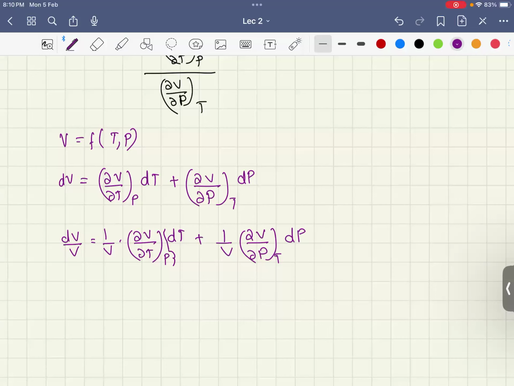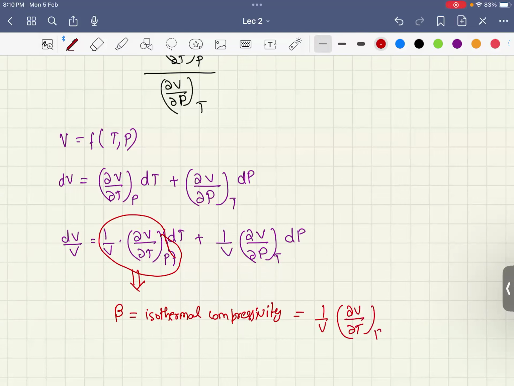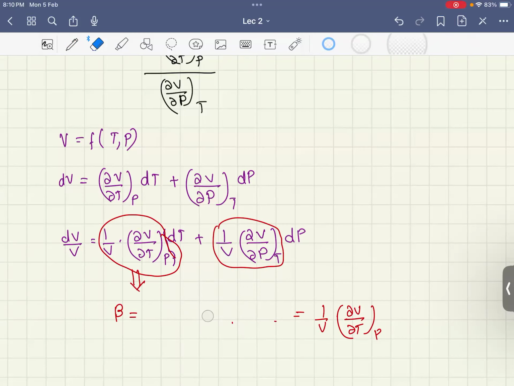Now, sorry, the first term is not the isothermal compressivity. This, 1/V (∂V/∂T at constant P), is the coefficient of volume expansion.